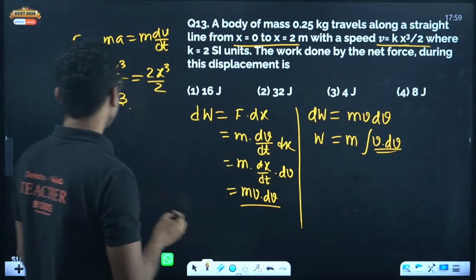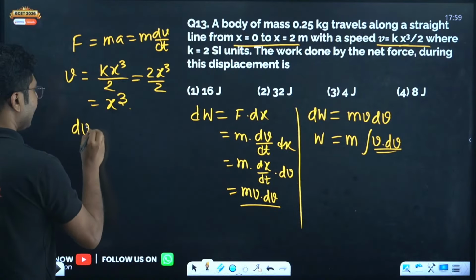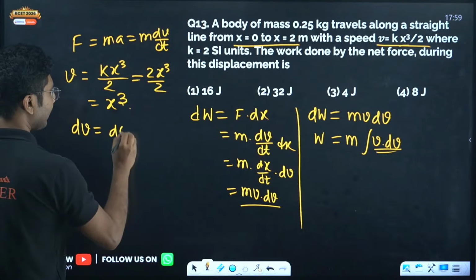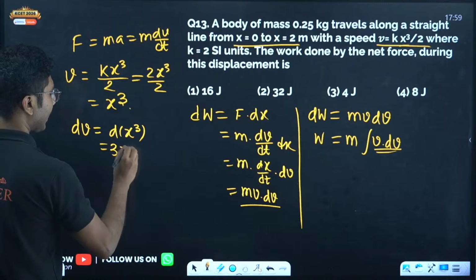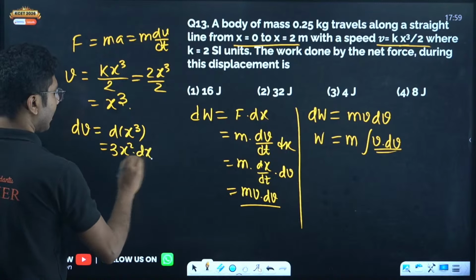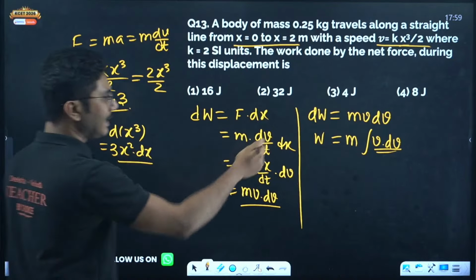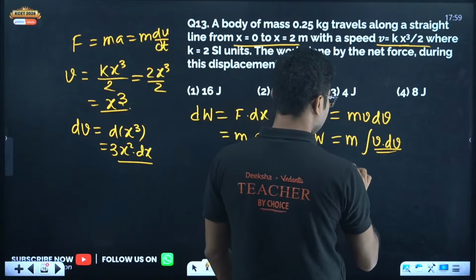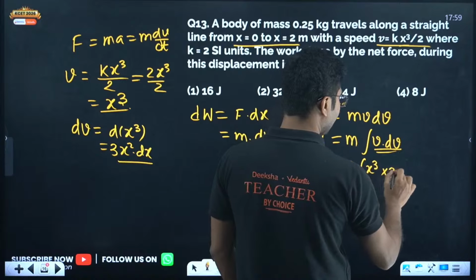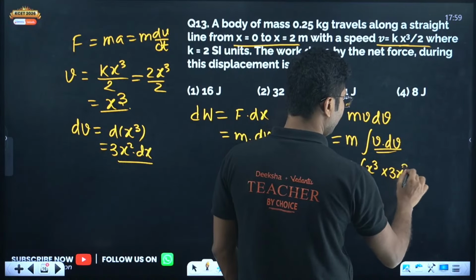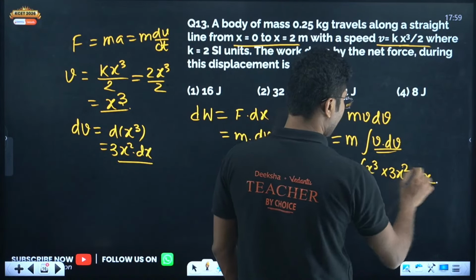So what is dv? dv will be d of x cube, which will be 3x square dx. Now you have to put everything back into this equation. Mass is constant, you get x cube into 3x square into dx.